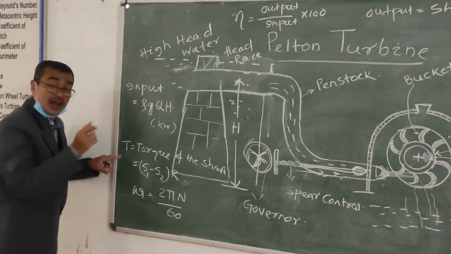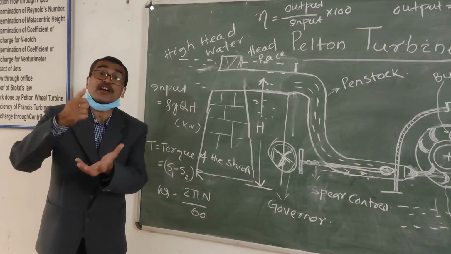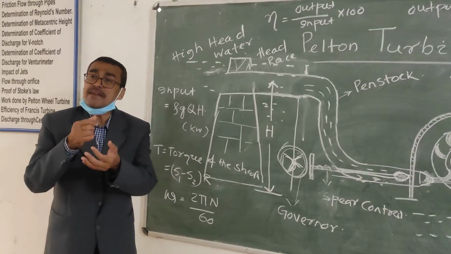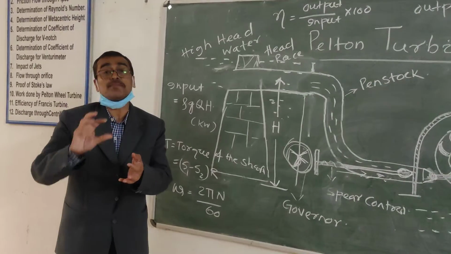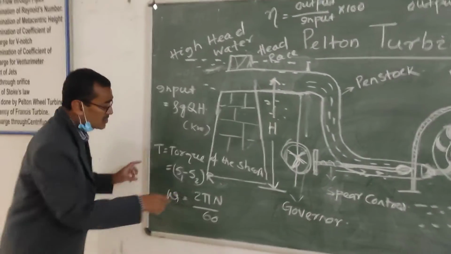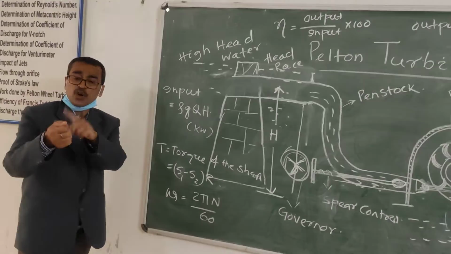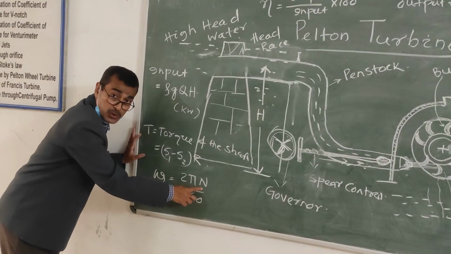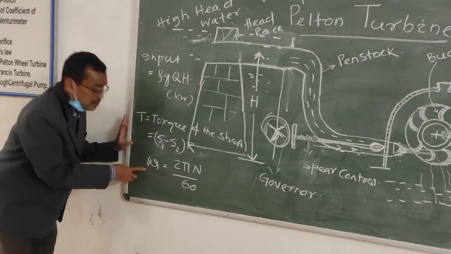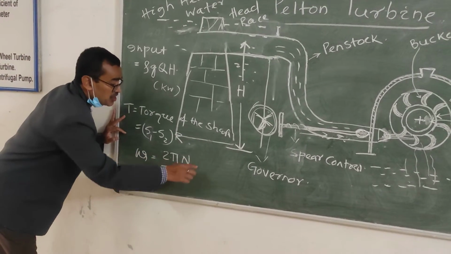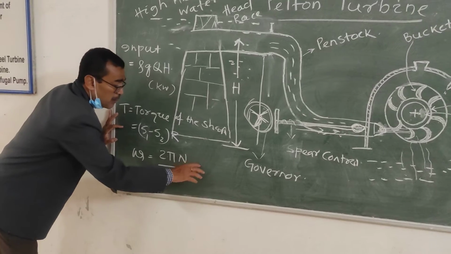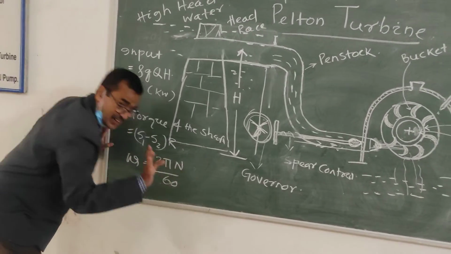Once torque is known, with the help of a tachometer, an instrument which measures the RPM, or the revolution of the turbine, the revolution of the shaft. Once N, that is the revolutions per minute, is known, then we can find angular velocity, because omega is 2 pi N by 60, in radians per second.